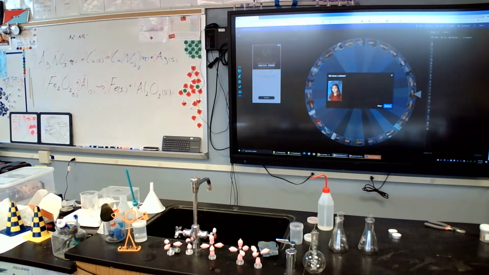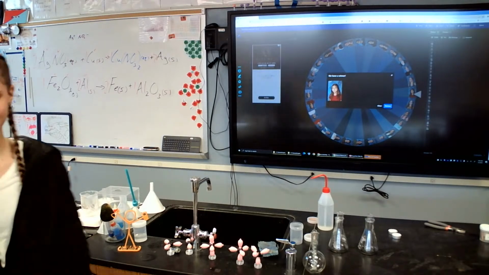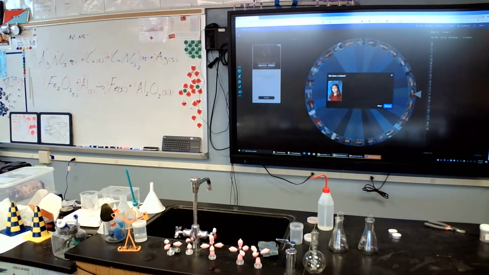Do you see that ball right there? Definitely no. We're just going to put some more water on it. But that ball, that is a ball of... We'll let it cool down.